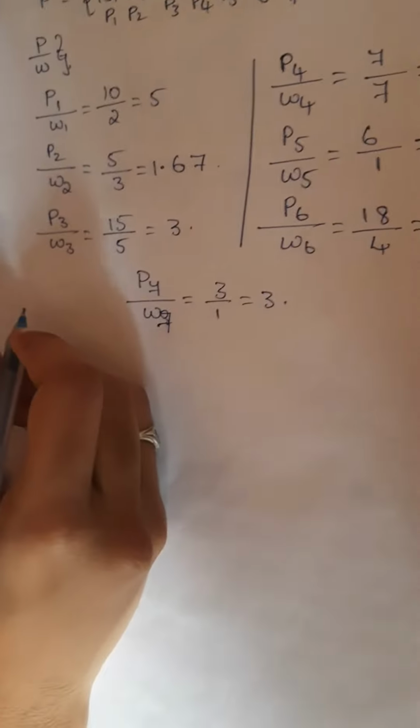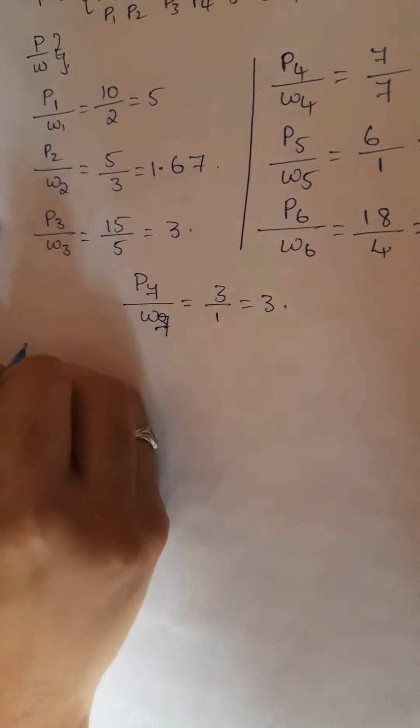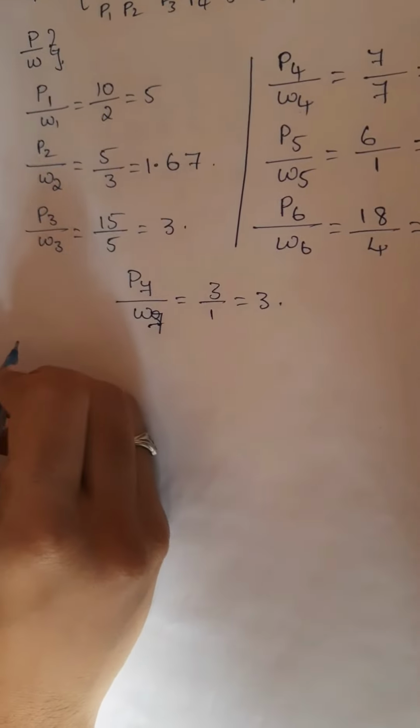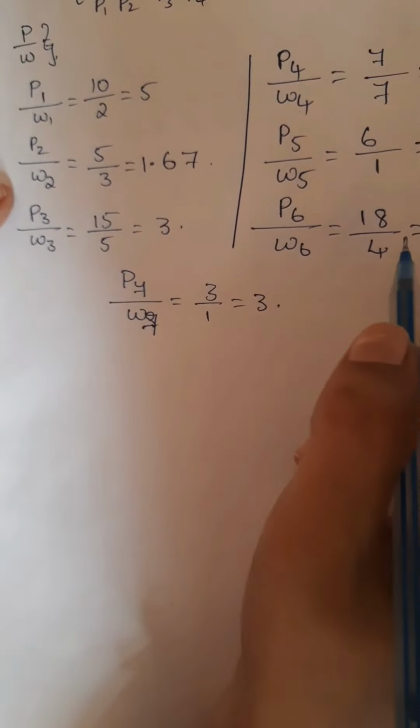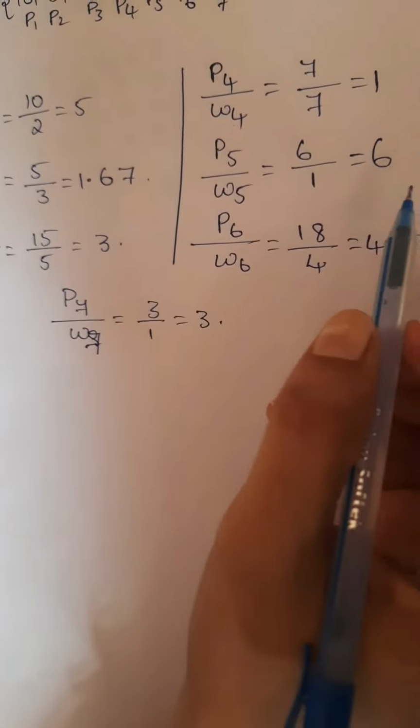Now arrange the ratios in descending order. Descending order means from large number to small number.